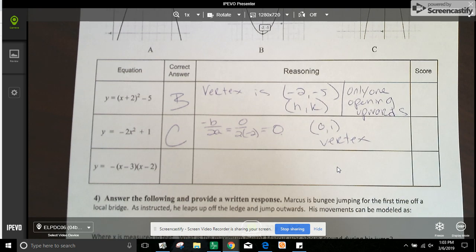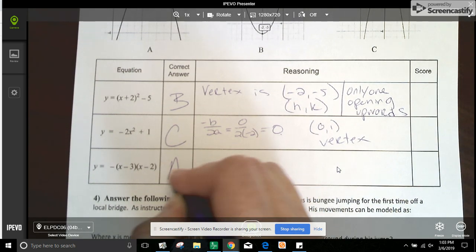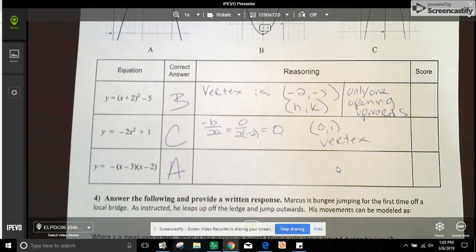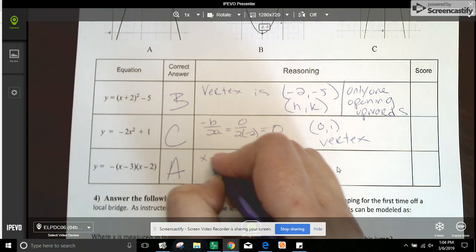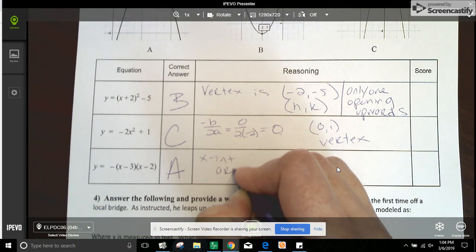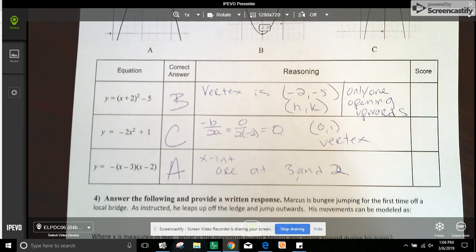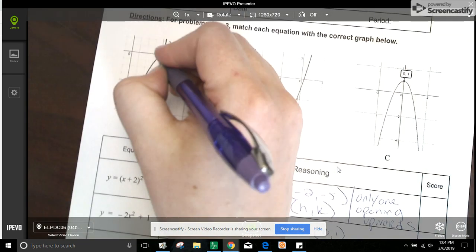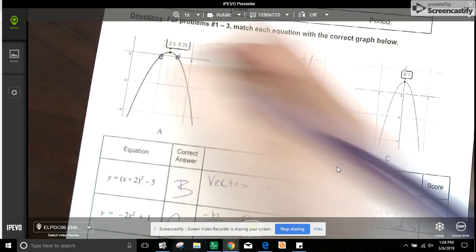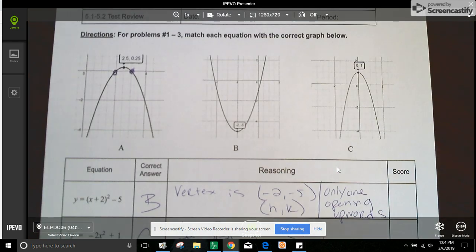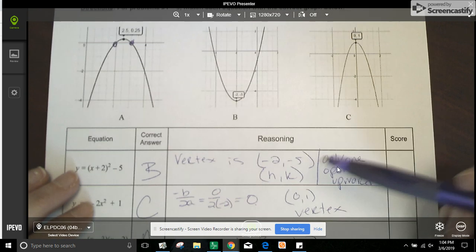And then the last one, I would say that your x-intercepts are at 3 and 2. So if you look up here, the x-intercepts are at 3 and 2. So there's lots of things you can phrase.